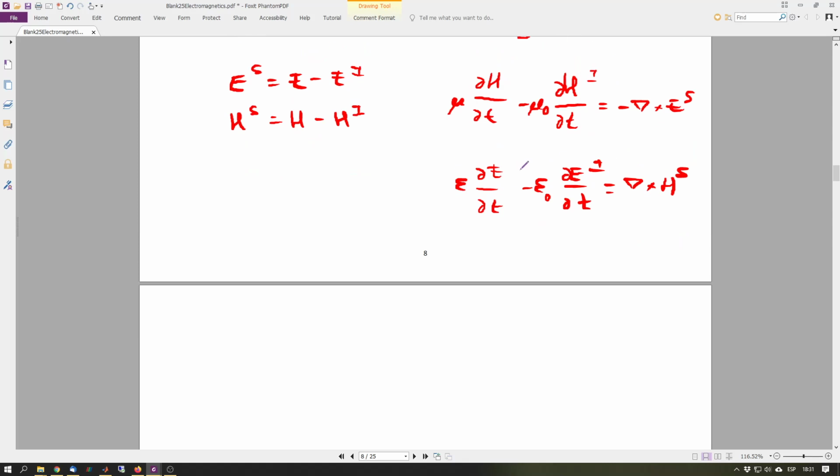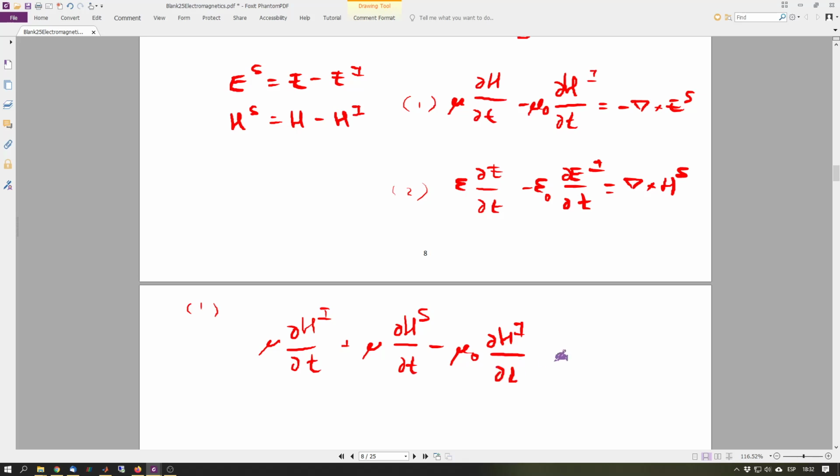So in total for the first equation, writing mu derivative of H with respect to t, having here the incident, plus mu derivative of H with respect to t of the scattered, minus mu 0 by the incident with respect to time, equals the rotational of the electric scattered field.